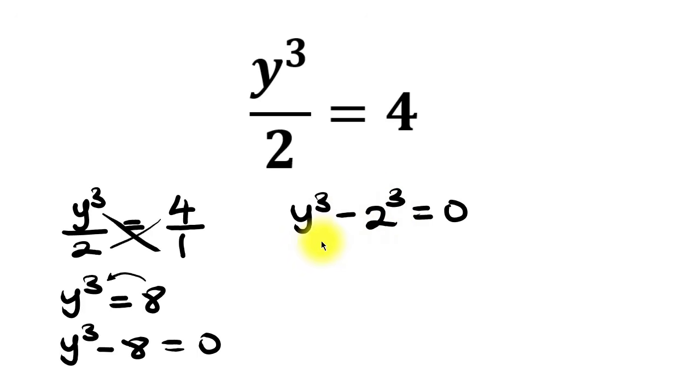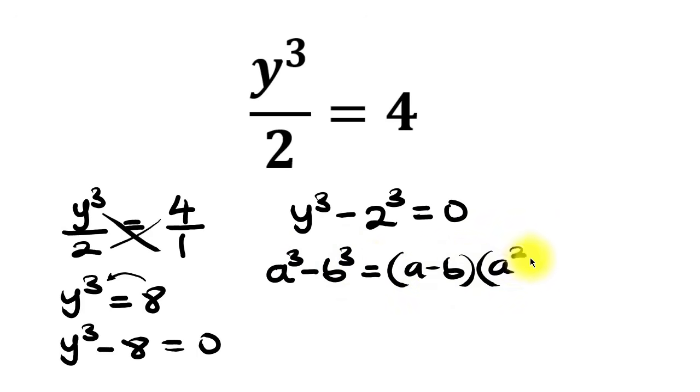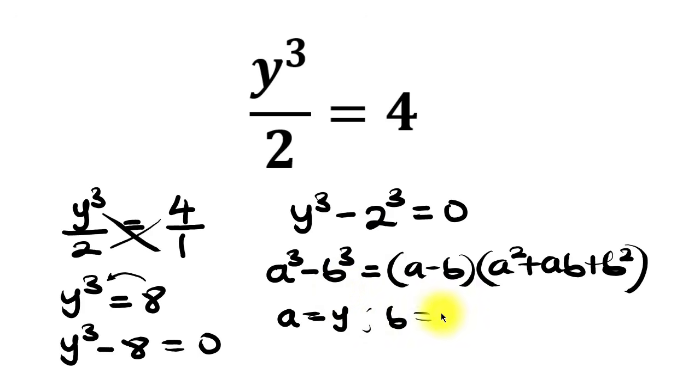An expression in difference of 2 cubes has this identity: a cubed minus b cubed is equal to a minus b times a squared plus a times b plus b squared.